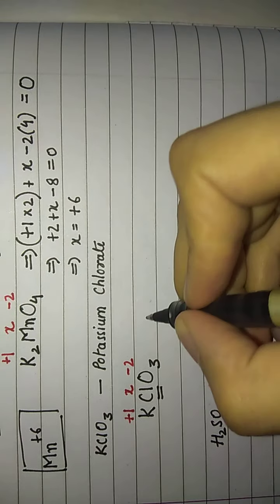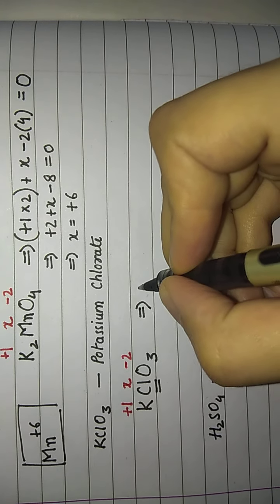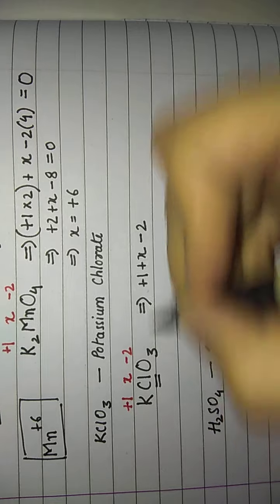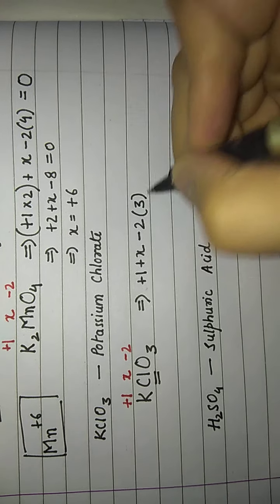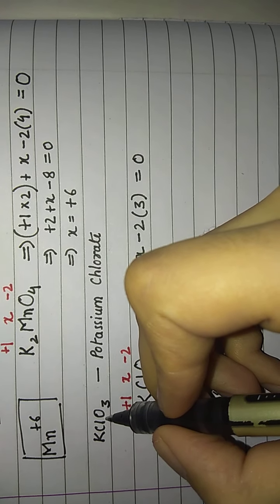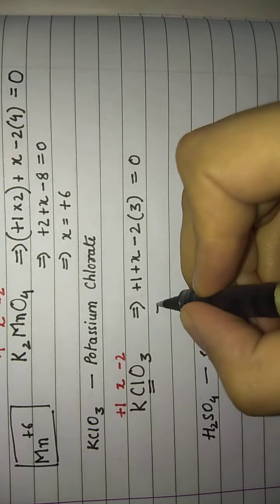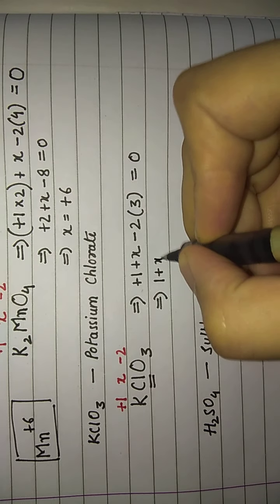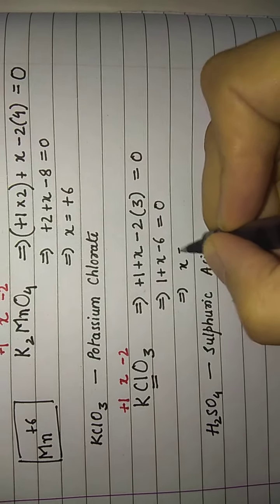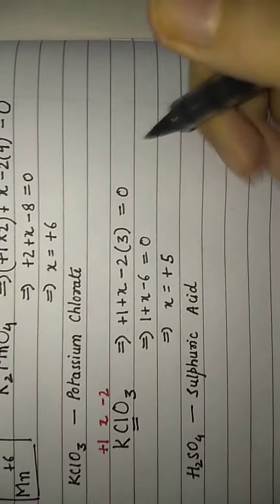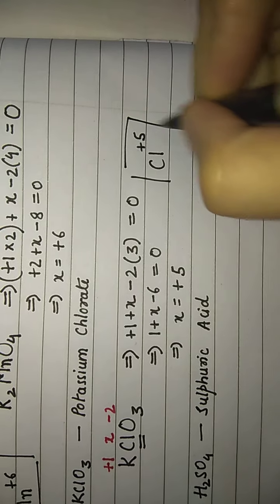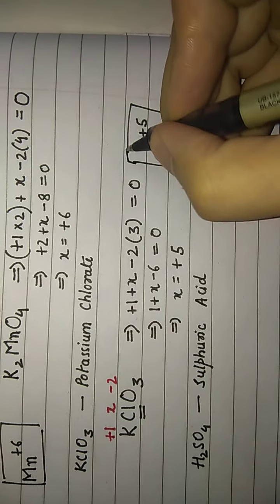So my net equation will be +1 plus X minus 2 into, how many oxygens are there? 3, is equal to 0. Why equal to 0? Because this is again an electrically neutral molecule. So this will be 1 plus X minus 6 is equal to 0. So X will be equal to +5. So that means chlorine exhibits an oxidation state of +5 in this molecule.